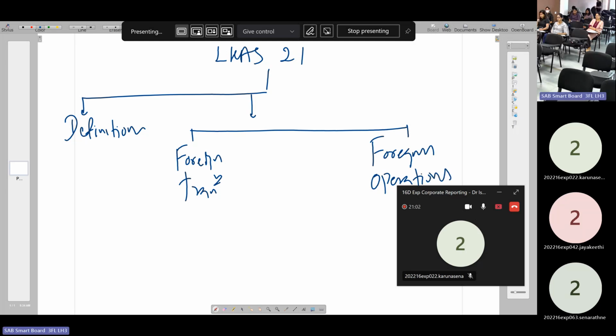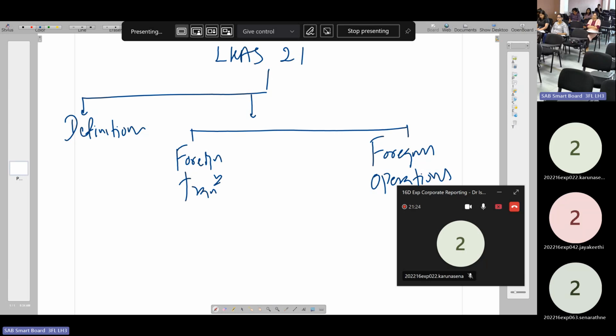Foreign transaction means an entity can purchase goods and services from other countries, that's import. Then an entity can export, sell goods and services to other countries. They would be using different currencies, so we need to translate them.